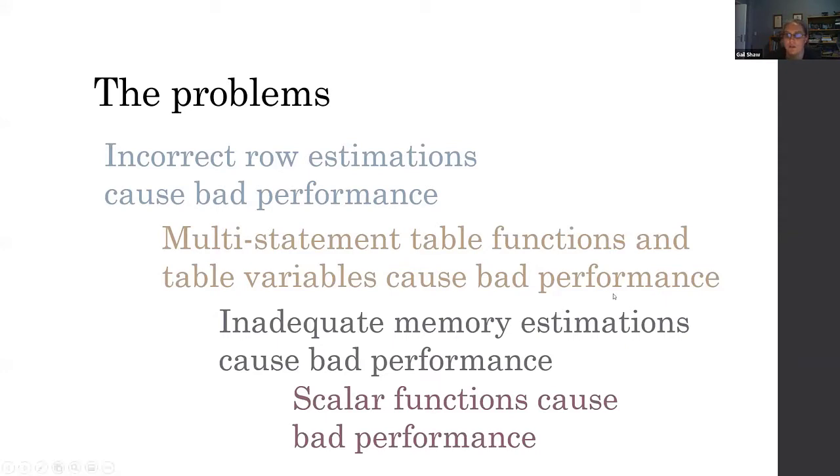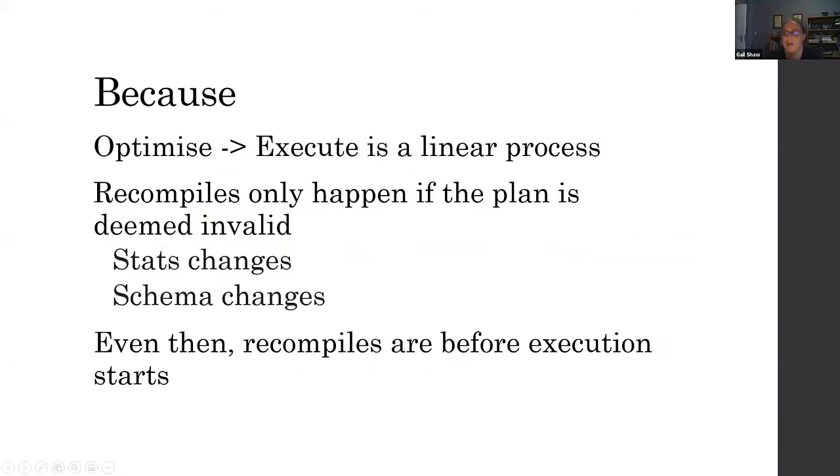All right, so let's go into this. Well, before we go into the details of the various options, why? Until SQL 2017, the optimize-execute process was linear. A query was optimized, then a query was executed. And there was no ability for the query processor to say, I don't like this plan, it's slow, redo it.